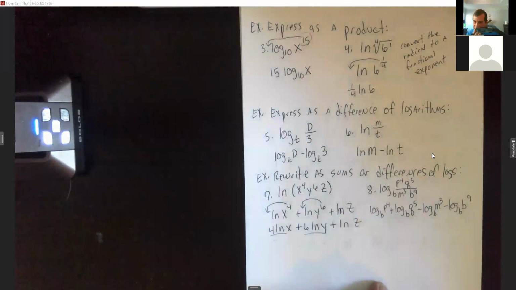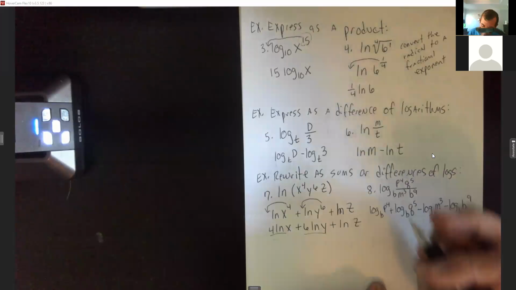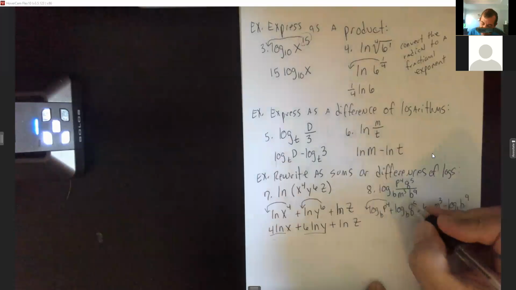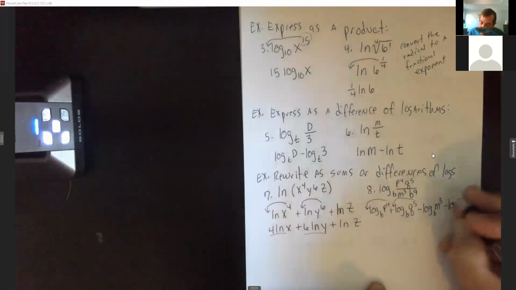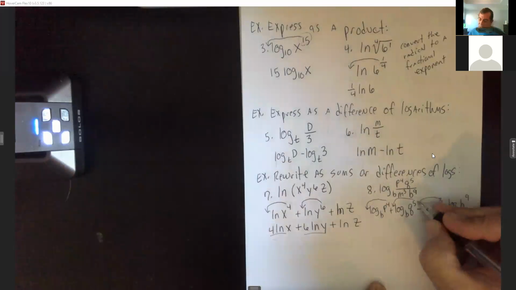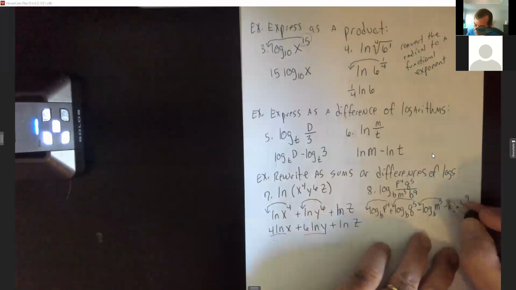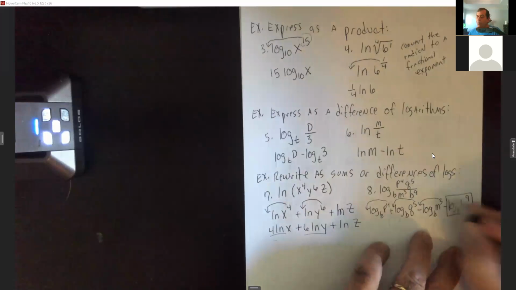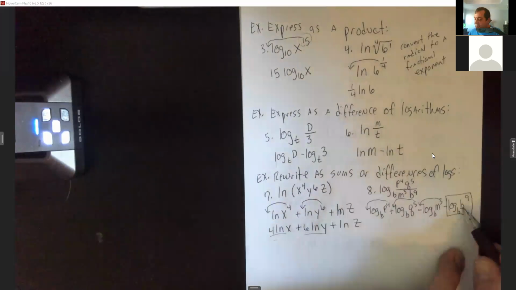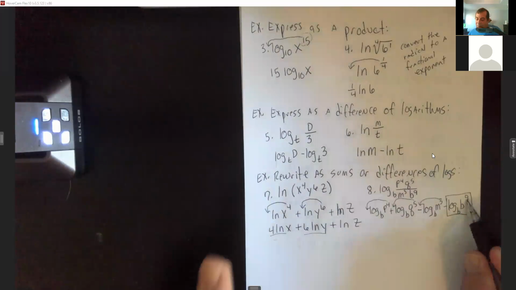All right, so let's see what we can do to this. Looks like we got a lot of exponents we're going to be bringing down. I'll bring down that exponent, the third exponent. But y'all, this last one, that log base b of b to the ninth, let me turn my paper over.